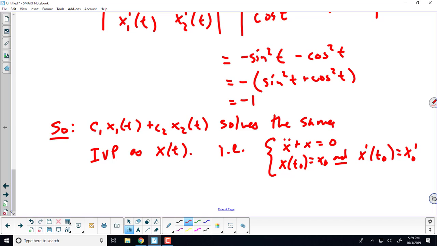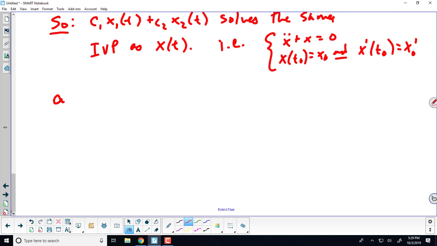I claim now that they're equal. Why are they equal to each other? How do I know that's not just two completely different functions that happen to solve the same IVP? This goes to the same mistake we had earlier. If they solve the same IVP, by the existence uniqueness theorem, they must be the same function, because the theorem says not only is there a solution, but if you have two solutions, they must be the same thing.